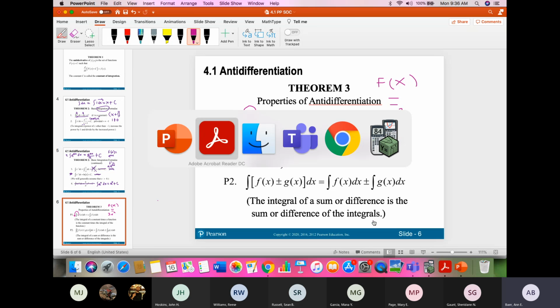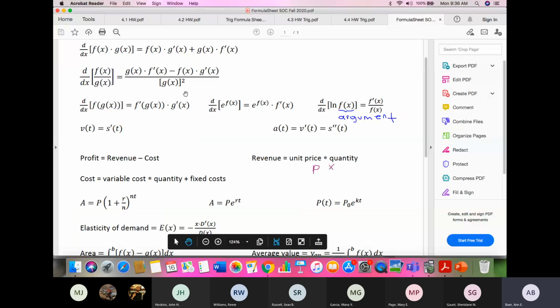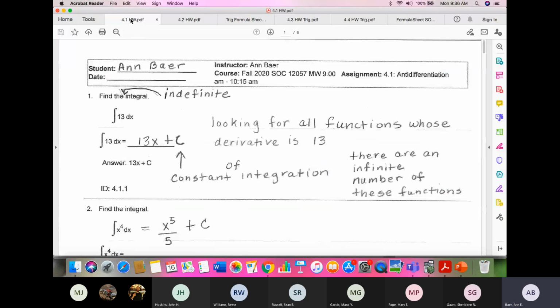So let's take a look at some problems here. Let's go into the 4.1 homework. I want to emphasize that what we're talking about today are indefinite integrals.